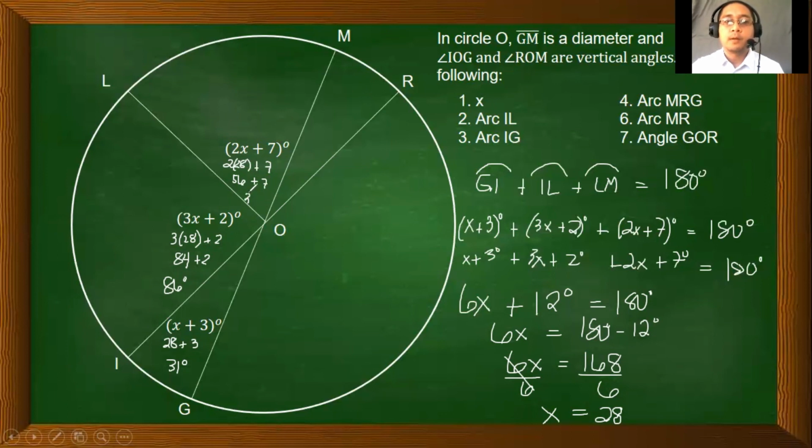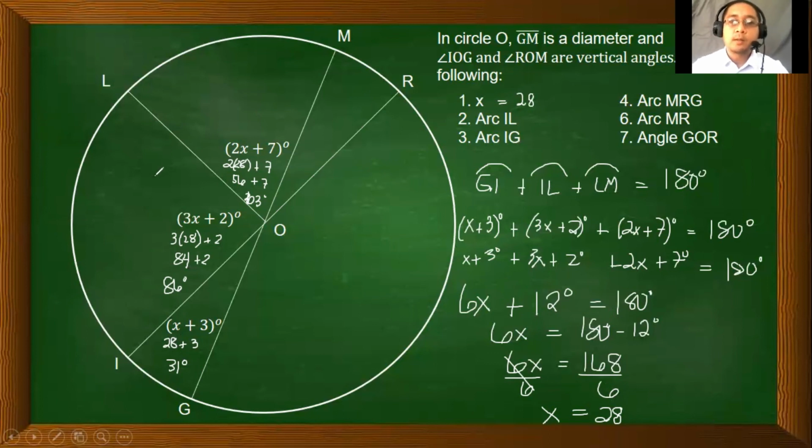No, not 33. That is 63. So if you add all the results, 63 plus 86 plus 31 is equivalent to 180 degrees. So therefore 28 is correct. So the value of x is 28.